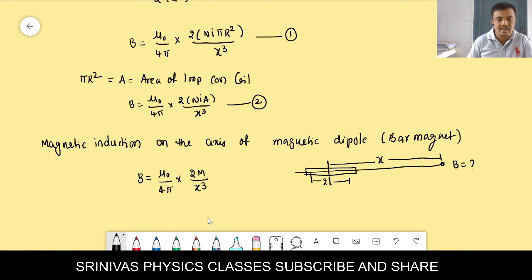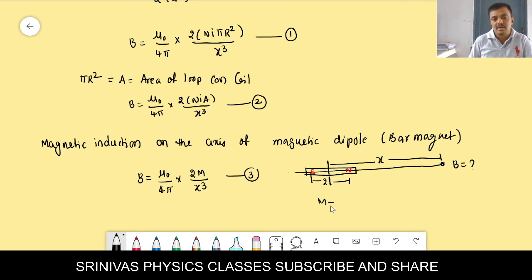A magnet can generate a magnetic field. This is the south pole, this is the north pole, and due to this the magnetic field will be generated. The magnetic field formula is mu naught by 4 pi into 2M by x cube. What is M in this? The capital M is the magnetic moment.